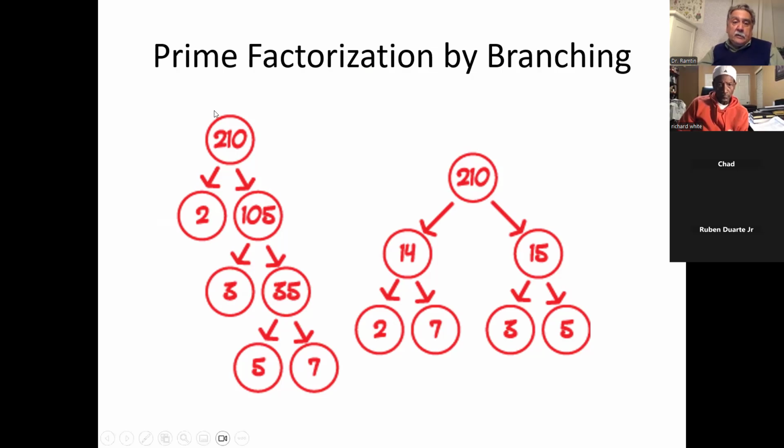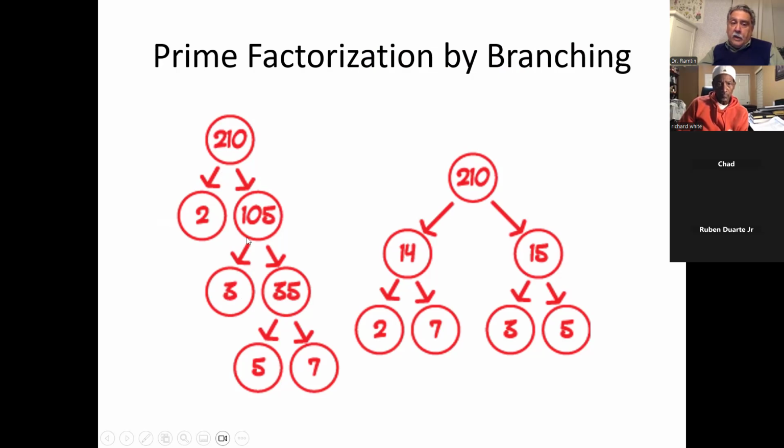So we start with 2. We say it can be divided by 2. It can be a product of 2 and 105. You multiply 2 by 105, you get 210. All right? So the 2 is prime, so we leave that alone, we come to 105.